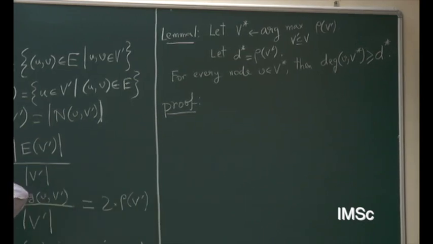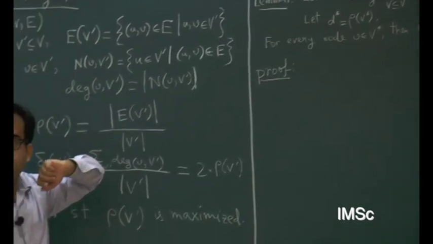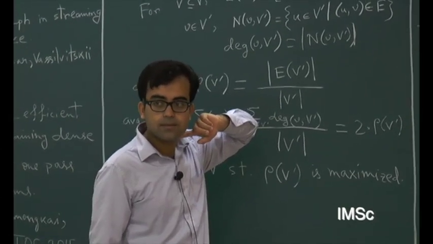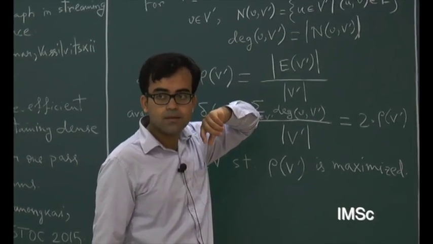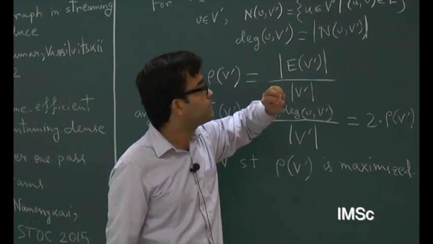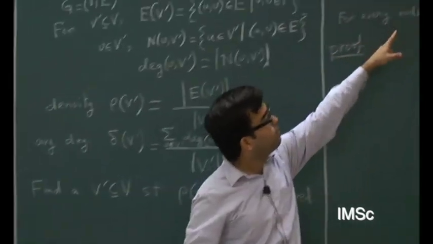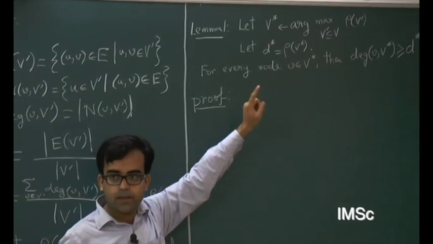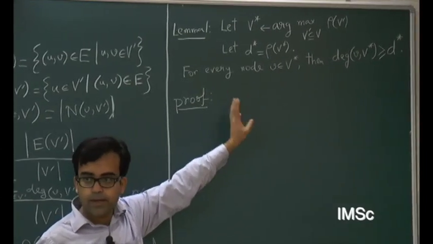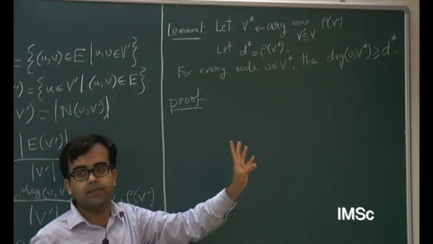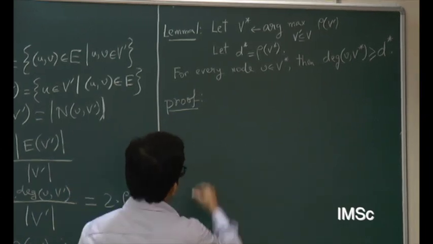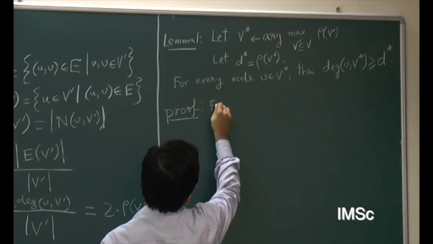So this means D star is half of the average degree. Yes, so the idea is, if there is a bad node whose degree is less than D star, then you can remove that node and increase the density of the remaining set. Let us just go through this proof.